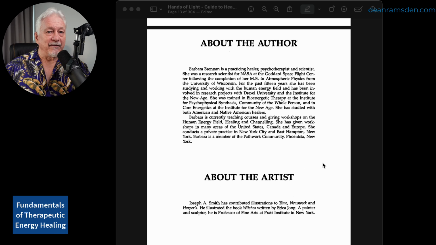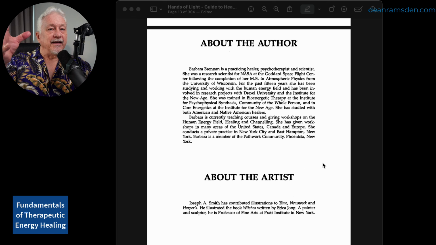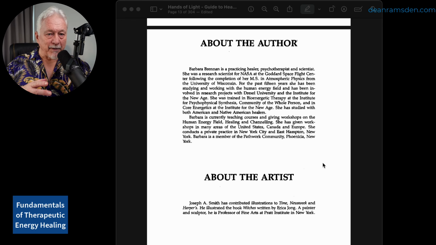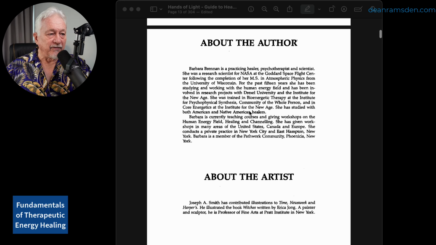So, again, we have this synthesis: helper from a pathwork perspective, psychotherapy from a body-centered psychotherapy approach with core energetics, and the ever-growing impact of energy work and spirit world interaction coming through Barbara and starting the process here with Hands of Light.